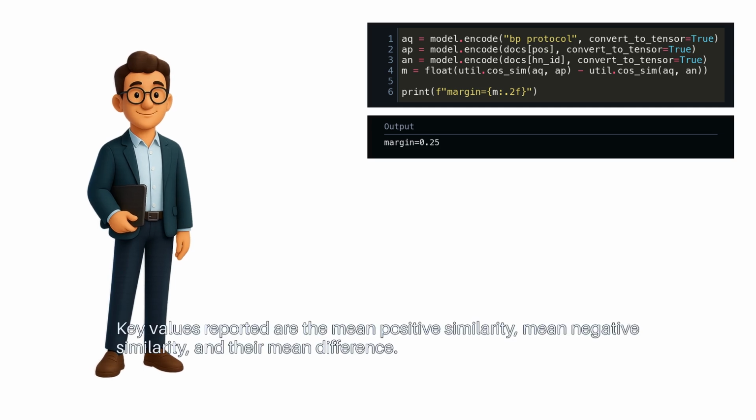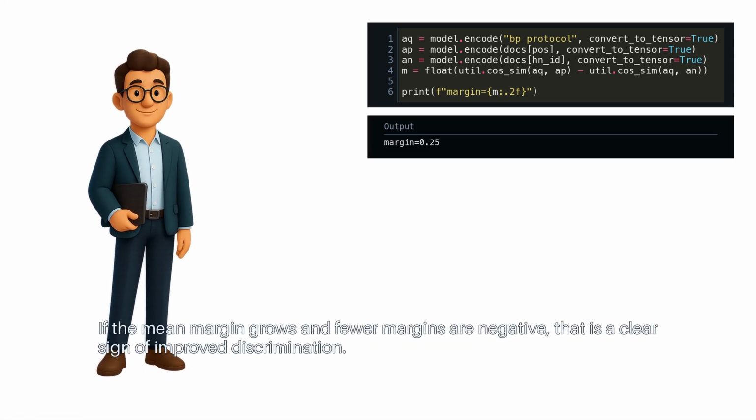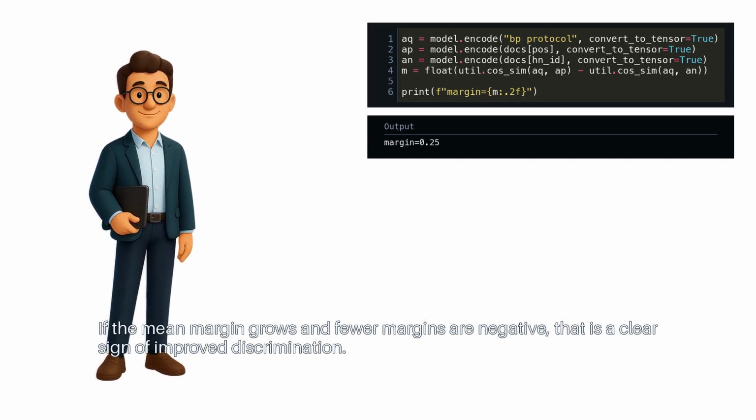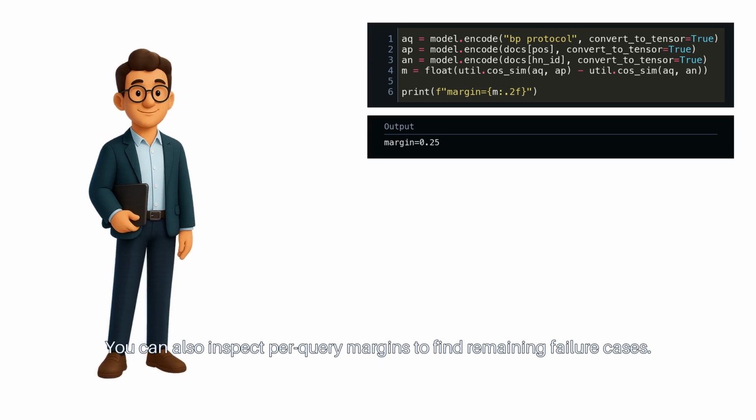Key values reported are the mean positive similarity, mean negative similarity, and their mean difference. If the mean margin grows and fewer margins are negative, that is a clear sign of improved discrimination. You can also inspect per query margins to find remaining failure cases.